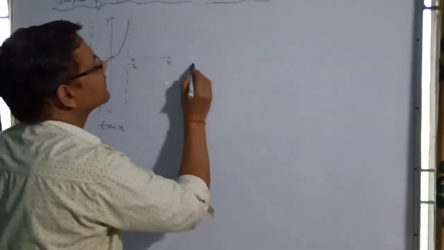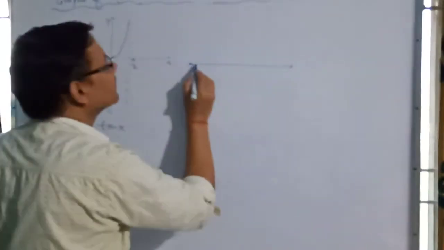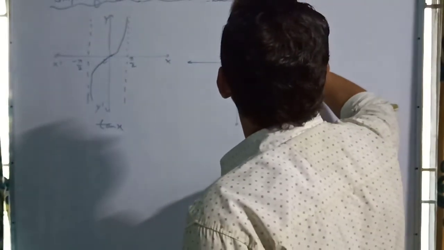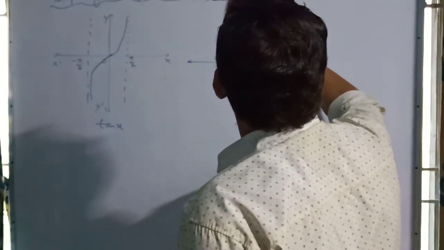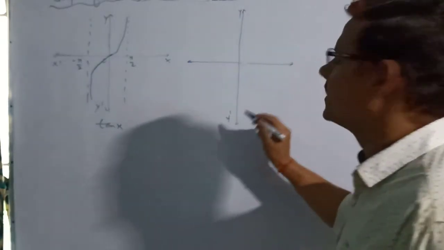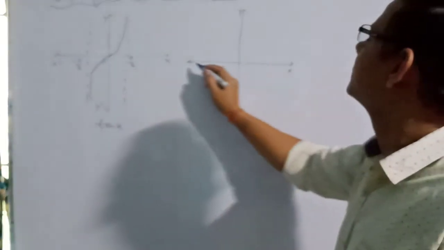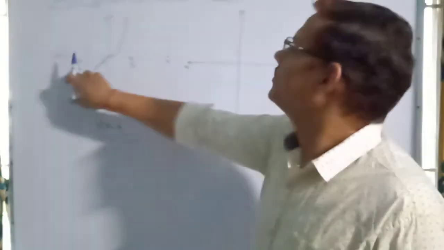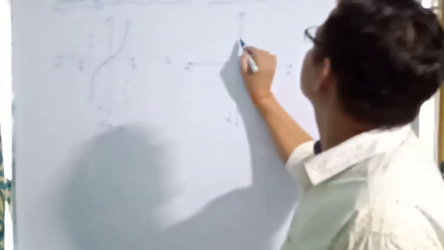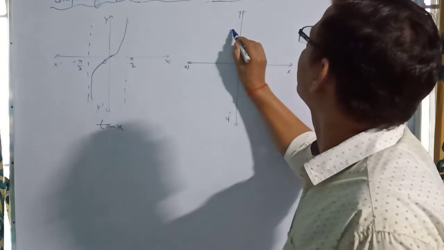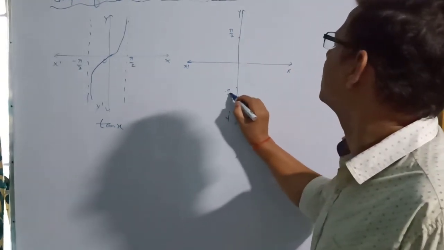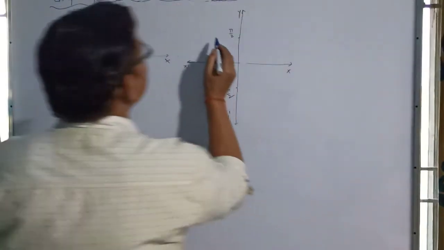Very easily we get the graph of tan inverse x by interchanging the axes. This is y and this is the x-axis. Now this is pi by 2 and minus pi by 2, so it comes here.